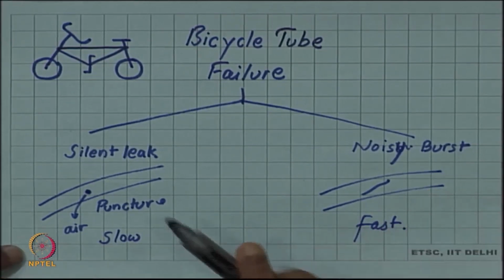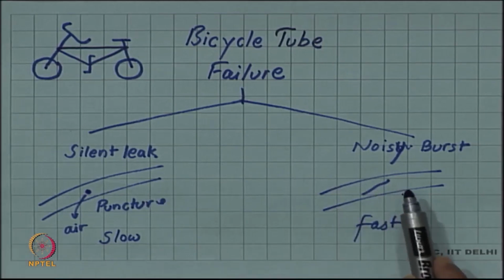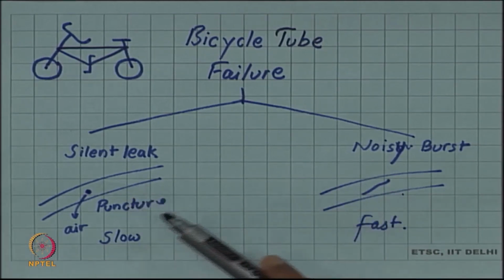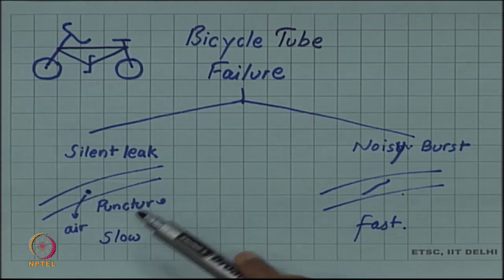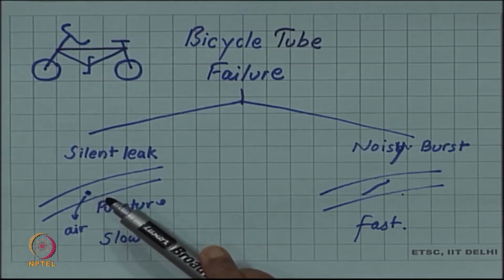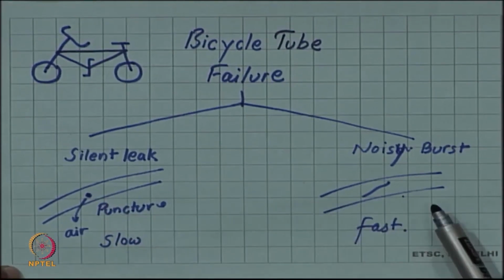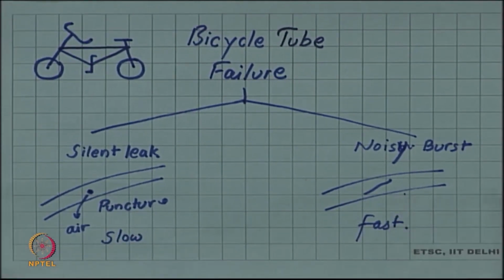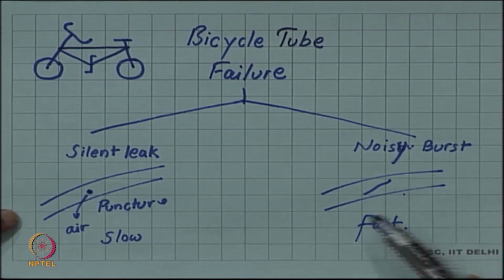In both cases, failure is happening because air is coming out of the tube, but in one case air is coming out from a hole in a stable, slow manner. In the other case, the air comes out rather rapidly, rather suddenly, and there is a large crack or a large tear in the tube surface. So, what is the difference between these two situations? What causes this difference? This is what we will try to look at.